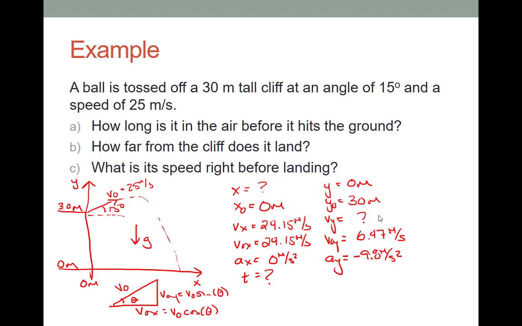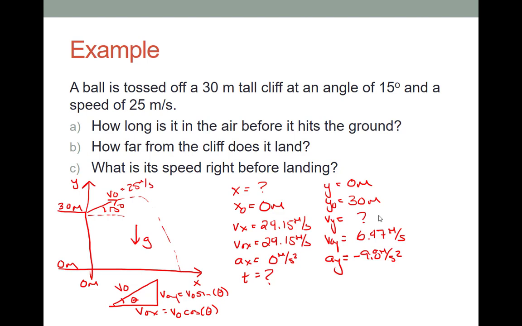I now need to think of a way through this math. Okay. I know I can't use the x equals x naught equation yet because I don't know time. So I have to work with the vertical equations.